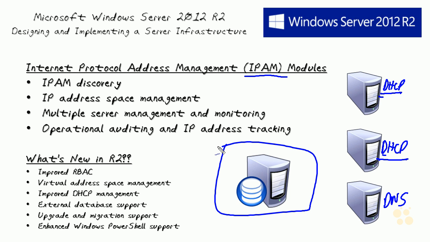The other thing is that IPAM allows you to collect statistics from not only your DNS and DHCP, but also NPS and domain controllers as well, which is kind of cool. Now, there are four modules, and just a little review that we deal with here. You have, of course, IPAM Discovery, which allows you to use Active Directory Domain Services to discover servers that are running.